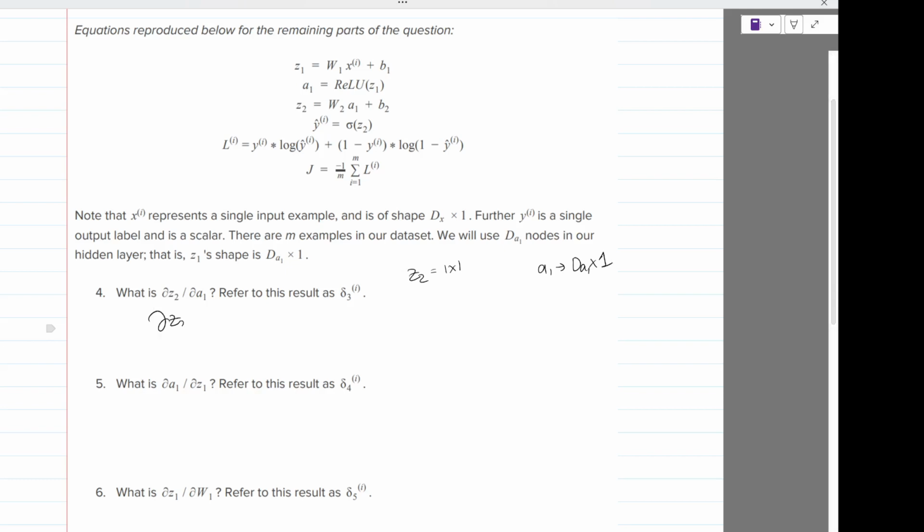So del z2 by del a1 will be a vector of del z2 by del a1's first entry till dA1 entry.